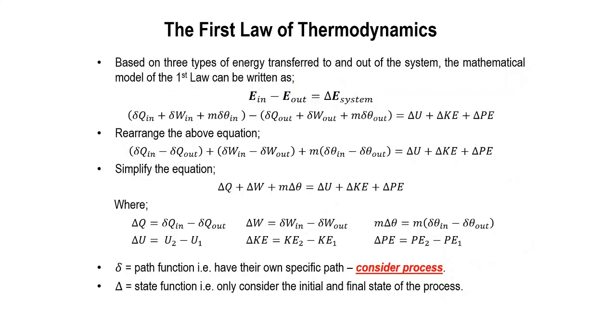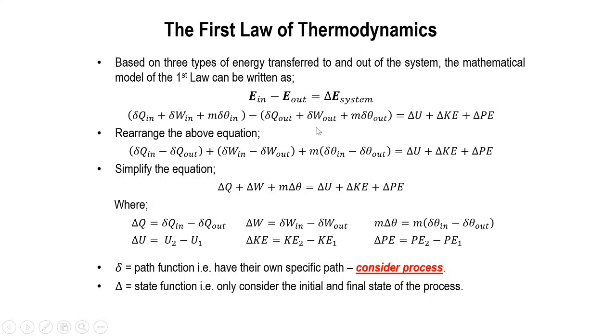Okay, so based on the three types of energy transferred in or out of the system, the mathematical model of the first law can be written as: energy in by heat, work, and mass, minus energy out by heat, work, and also mass, is equivalent to the change in internal energy, kinetic energy, or potential energy.